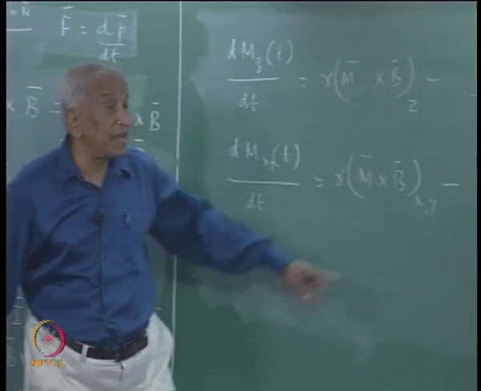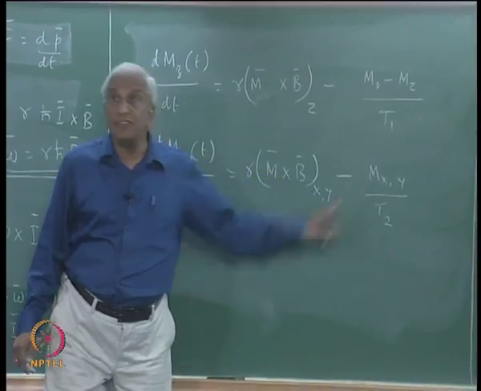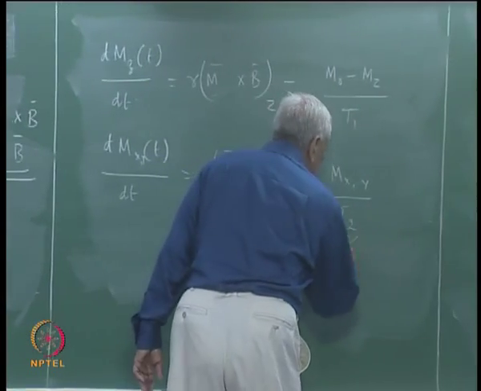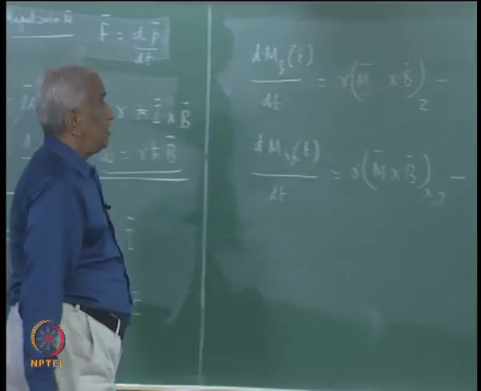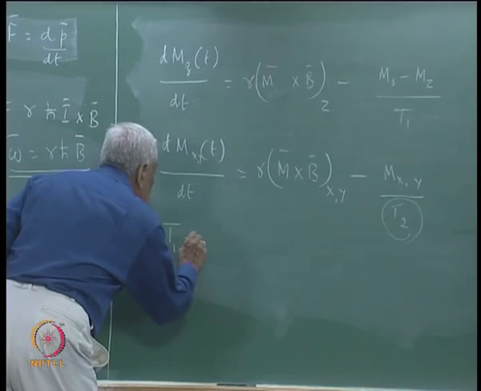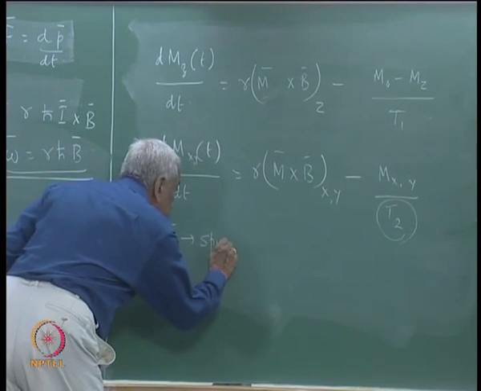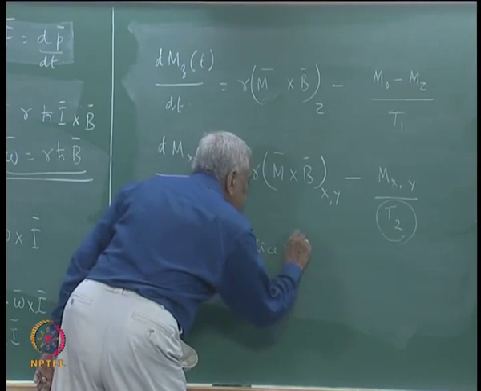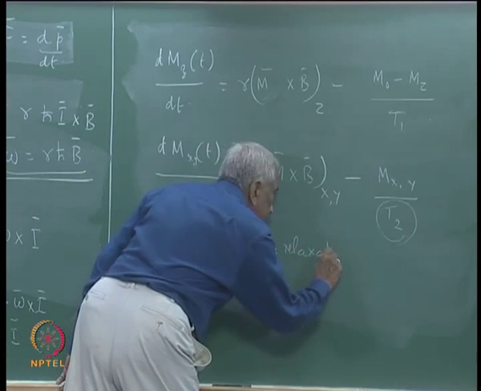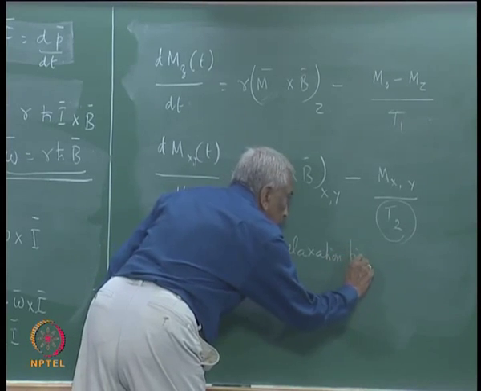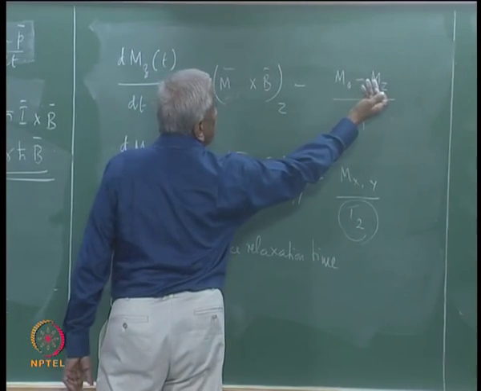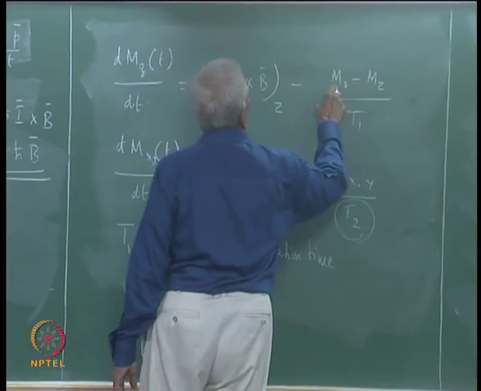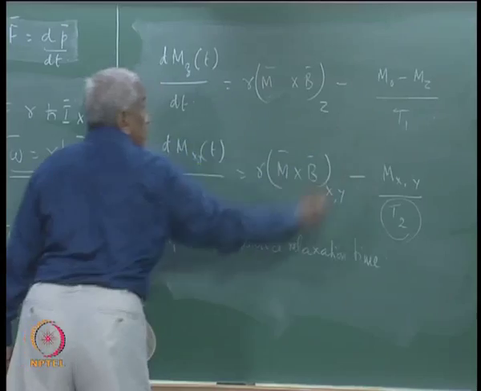Now, the decay of the transverse magnetization is governed by a different time constant. So, T1 is known as the spin lattice relaxation time, as explained already. It gives the decay of the z component of the magnetization and its evolution to go into the steady state value of the magnetization.